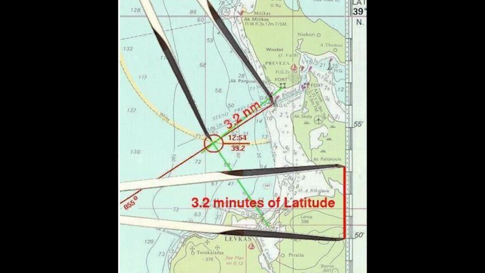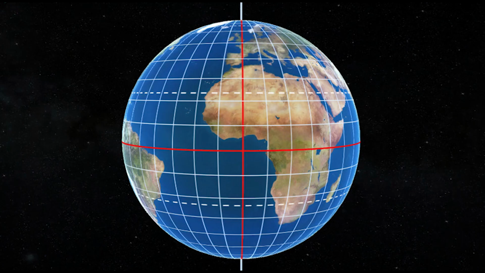Distances are always measured from the latitude scale on the charts, not the longitude scale. The distance between the latitude lines is equal, whereas the distance between each longitude line gets smaller as the lines approach the poles. Only at the equator are the lines of latitude and longitude at the same distances. Good luck explaining that on a flat Earth.